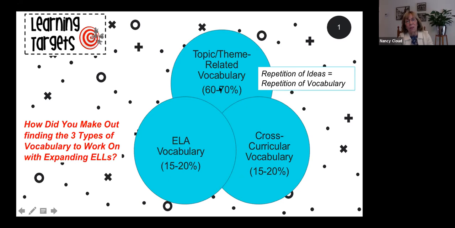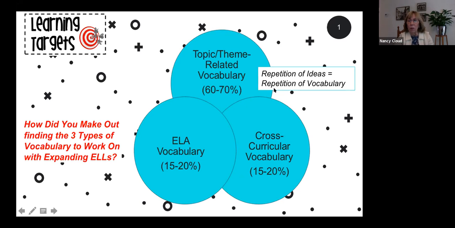This is just a guide, right? You don't have to follow this slavishly, but I was trying to think where your emphasis should be. It should always be on your chapter, your theme, your novel, and then you're always working a little bit on ELA vocabulary and a little bit on cross-curricular, but you don't want to go so overboard here that you forget it's an ELA class.